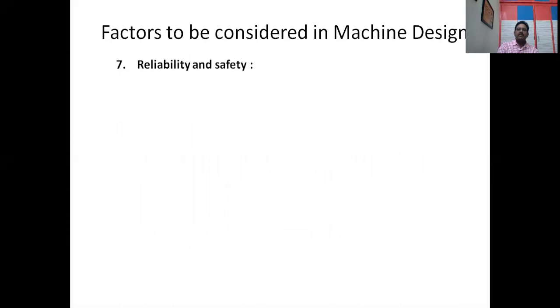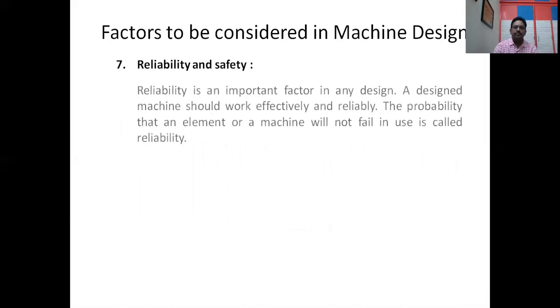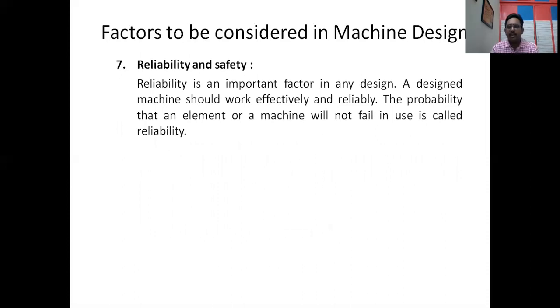Now, reliability and safety. What do you mean by reliability? Reliability is an important factor in design. The designed machine should work effectively and reliably. What do you mean by reliably? The probability that an element or a machine will not fail in use is called reliability.